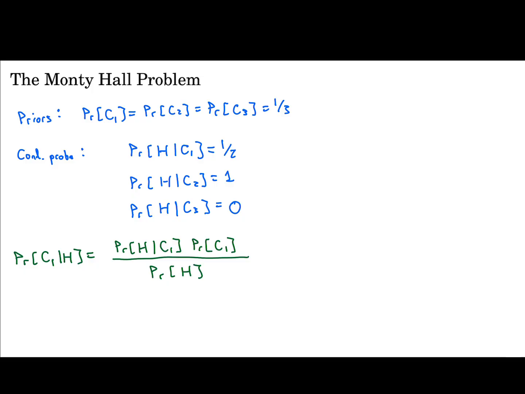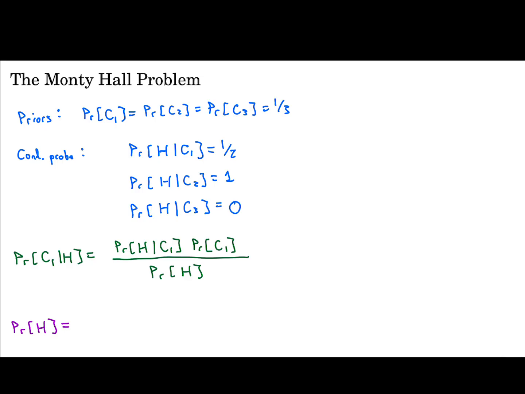And so this bottom part, we saw we can open up by the law of total probability. So the probability of the host opening door 3, we can open in terms of all the possibilities for the car.